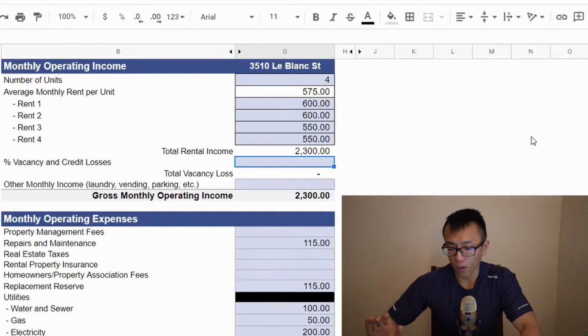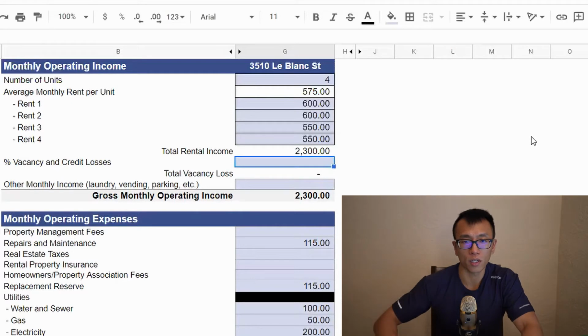To determine your vacancy percentage, you have to find out through talking to other people how frequently people are moving out of the apartment, out of your bedrooms, or out of your duplex and other units, right? That is based on a lot of factors, including the neighborhood, the type of tenants you're attracting, etc.